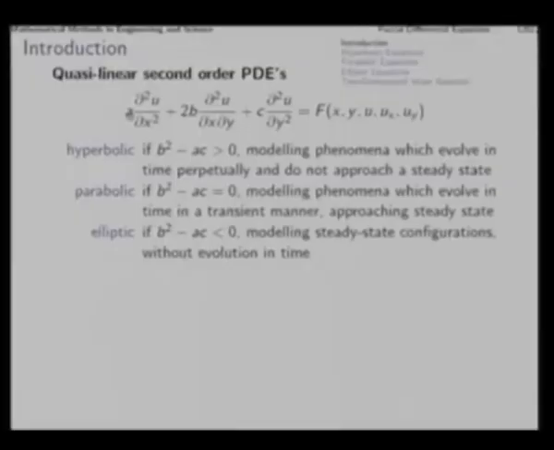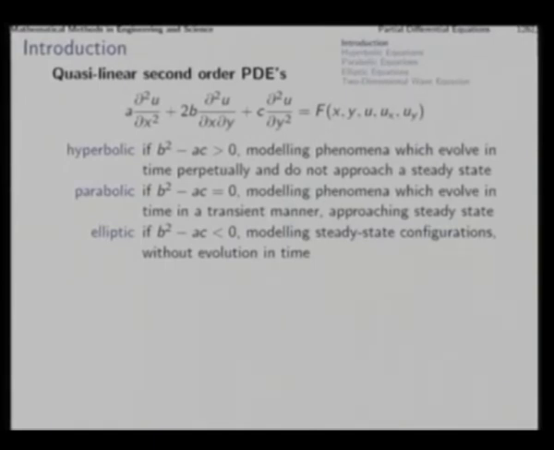In the xy plane, the equation of a conic section has this form: ax square plus 2bxy plus cy square is equal to some linear function of x, y and a constant. Okay, so that is lower order terms.